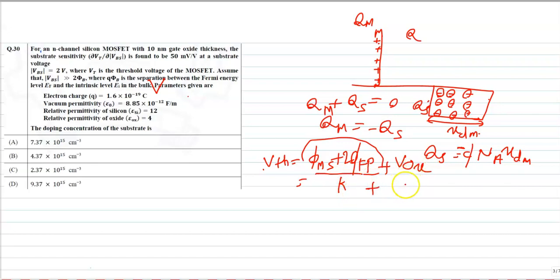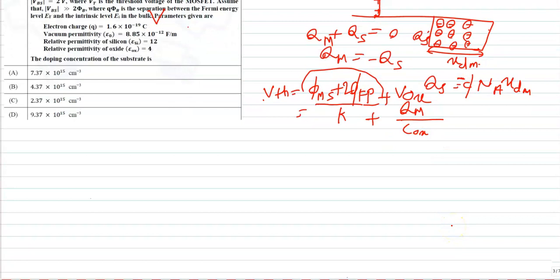VOX, you know from network theory, is Qm over the capacitance, the voltage across the capacitor, because the capacitor is formed by the semiconductor, metal and oxide. COX is the oxide capacitance per unit area, and the charge is also coulomb per unit area. So to differentiate this constant k, I'll write k naught, k naught plus Qm, but what is the Qm here?